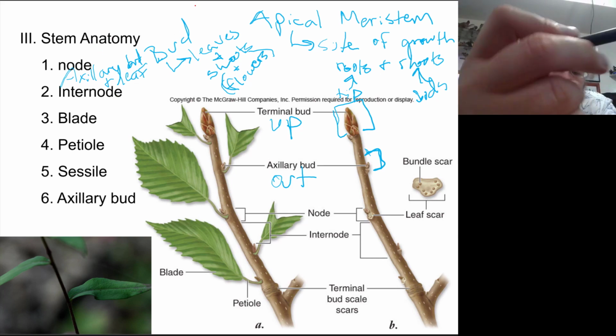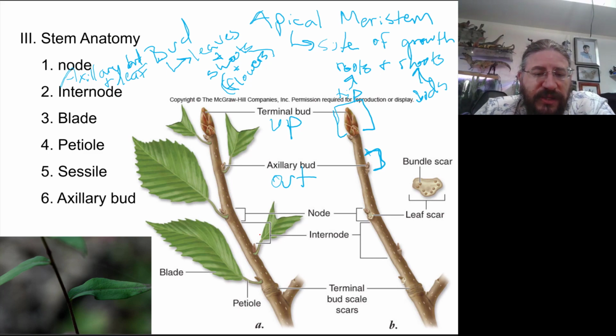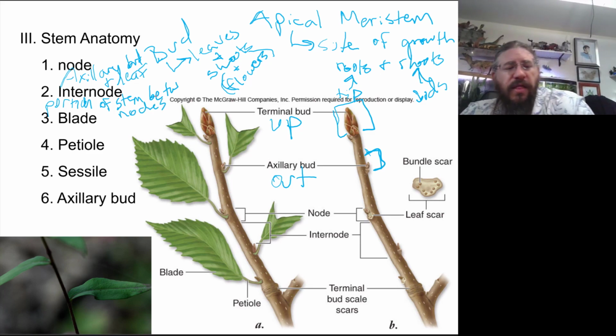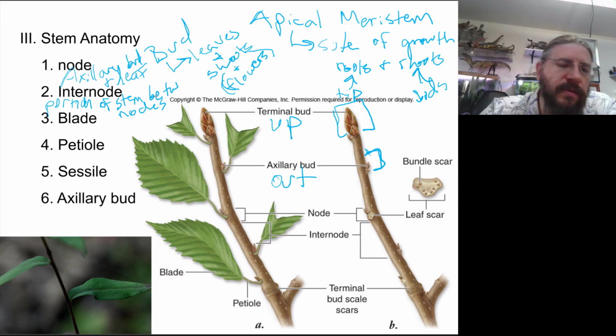The axillary bud, as I said, can turn into branches, so a branch is also a hallmark of a node. Just not all plants produce branching stems. Okay, so a node is an axillary bud and a leaf. An internode is just a term for the distance between nodes, so the portion of stem between nodes. Betwixt nodes.